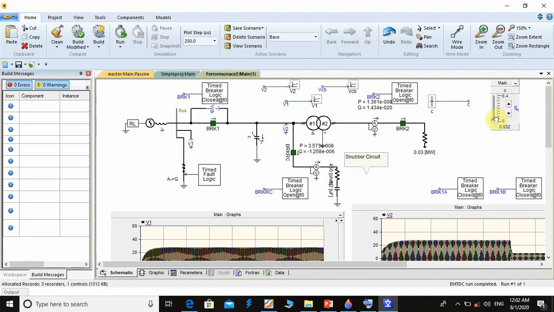So we increase the capacitance. Let us say our cable is 1 kilometer. That means 0.2 microfarad the capacitance. Run simulation.